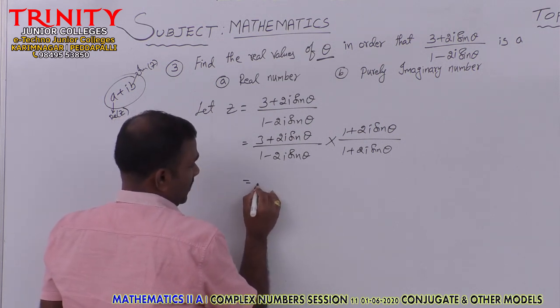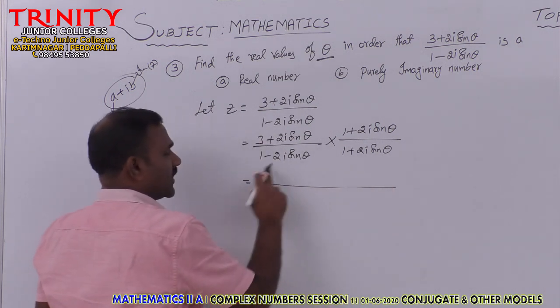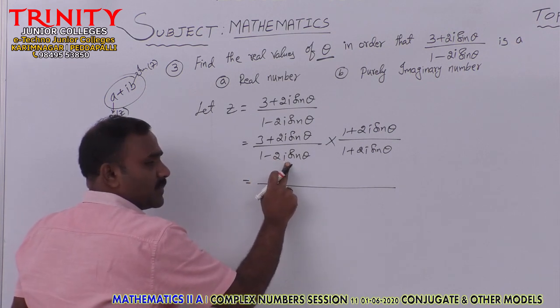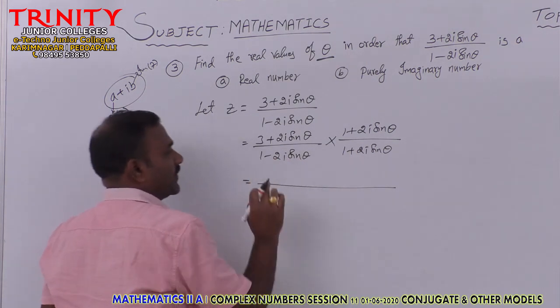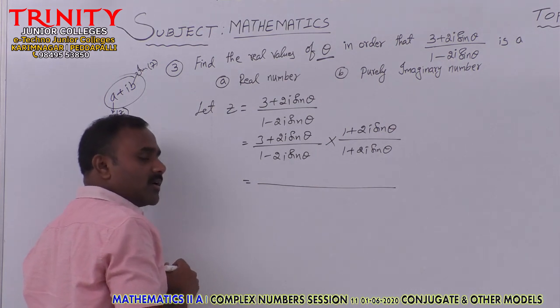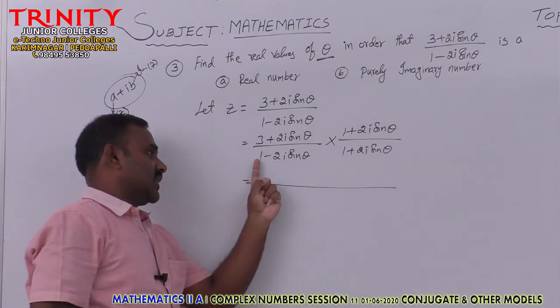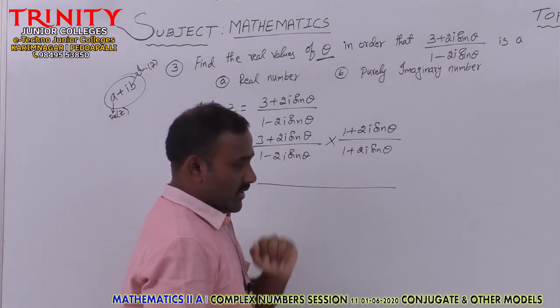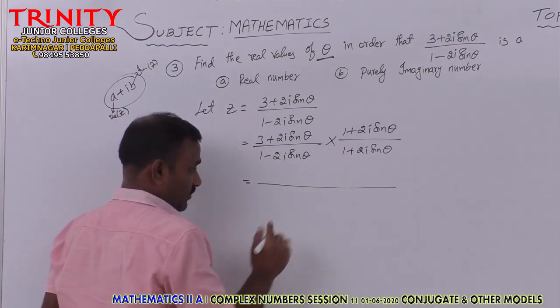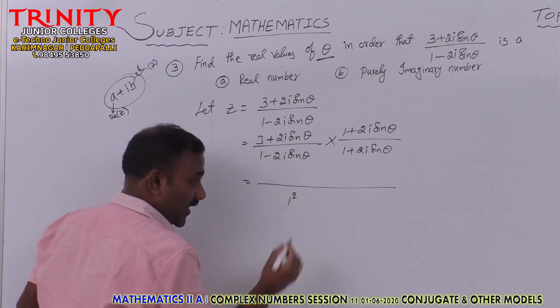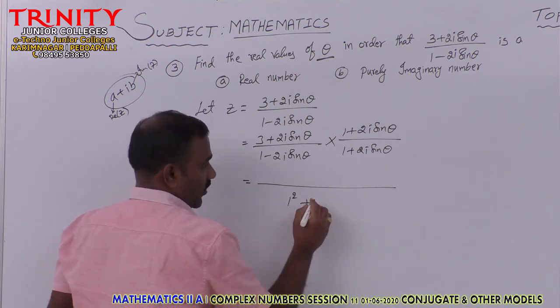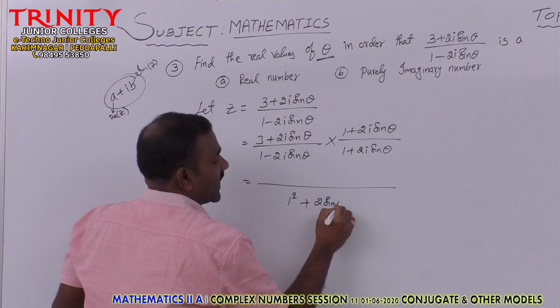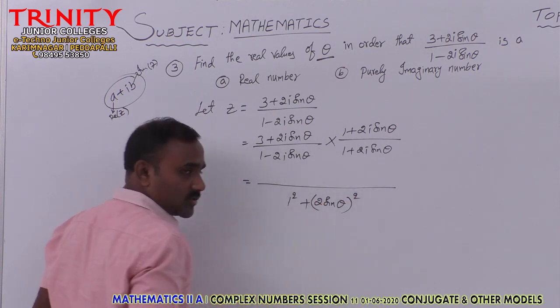Go for multiplication. Denominator: in real numbers, (a minus b)(a plus b) is a square minus b square. But in complex numbers, (a minus ib)(a plus ib) becomes a square plus b square. So 1 square plus (2 sin theta) whole square.